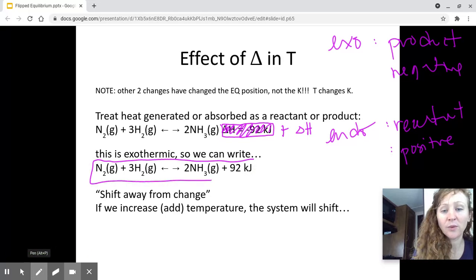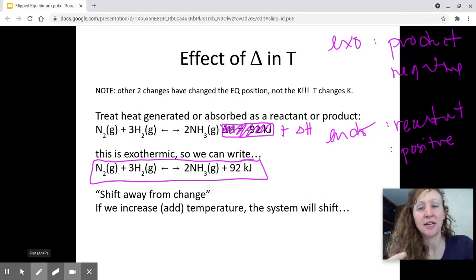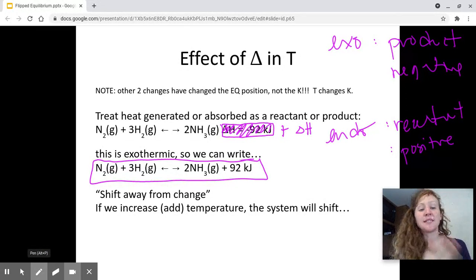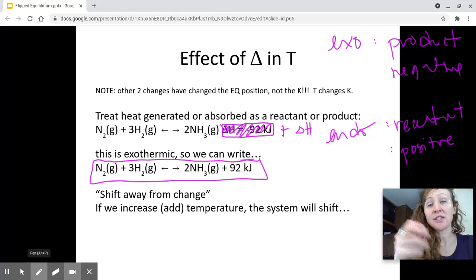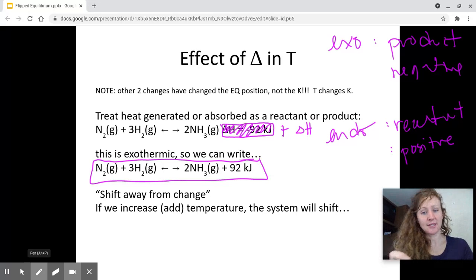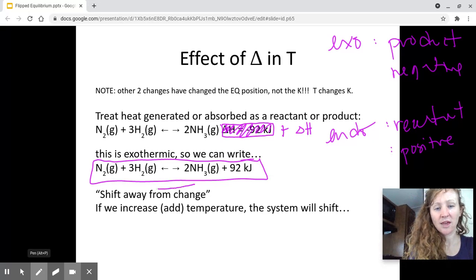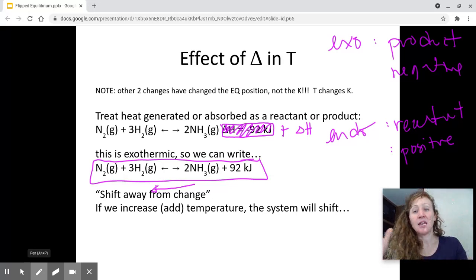So now that we understand our system, we can consider what would happen if we change the temperature. So let's say we increase temperature. Well, our system's going to shift away from the stressor, right? So if we increase temperature, our system's going to shift so that it decreases the temperature. It's going to shift away from our heat and absorb that heat so that the system's temperature goes down.